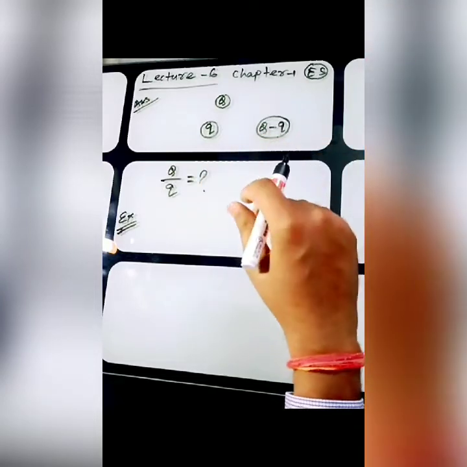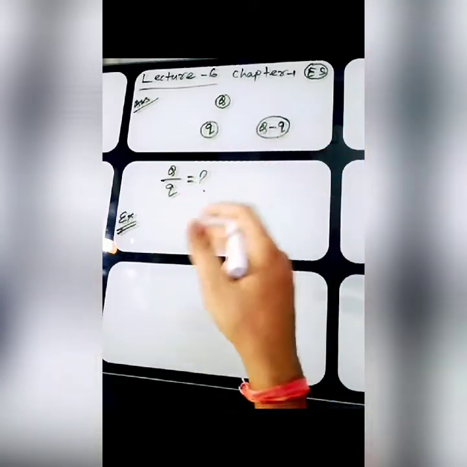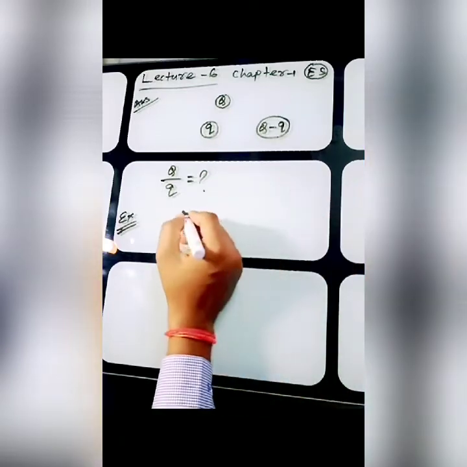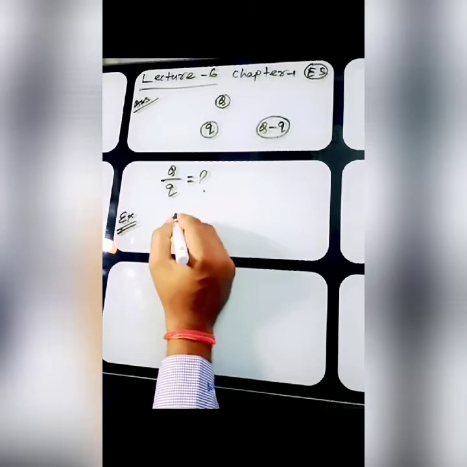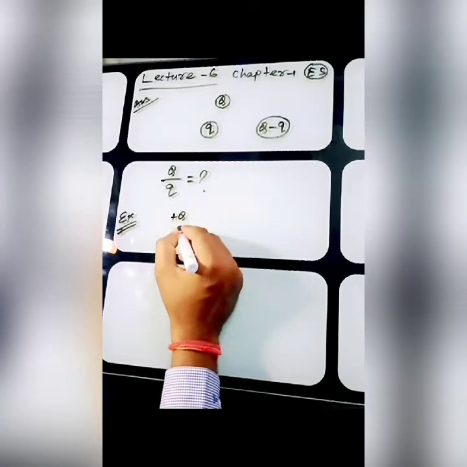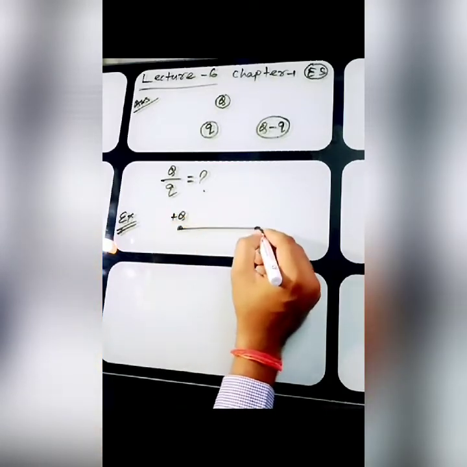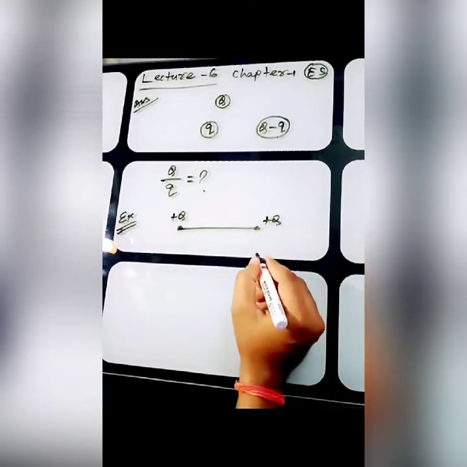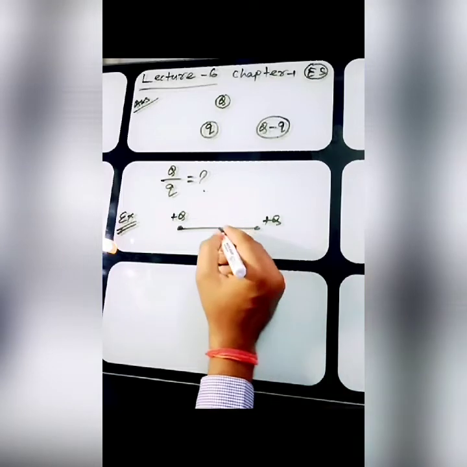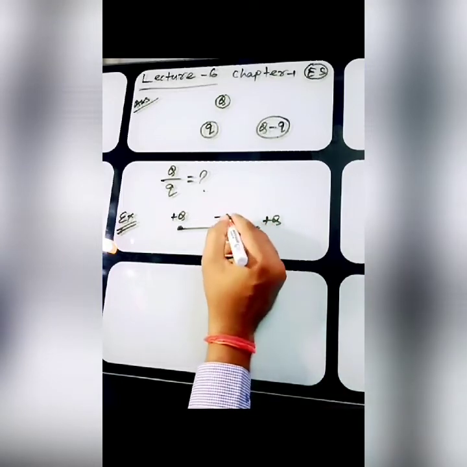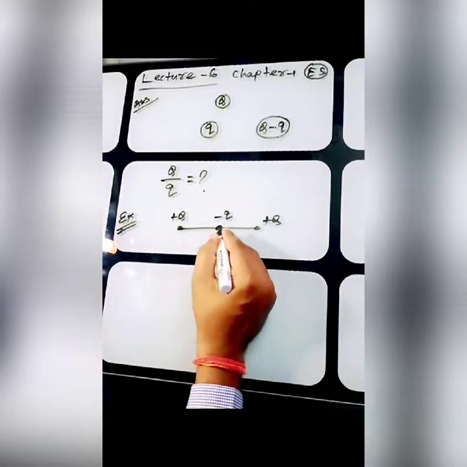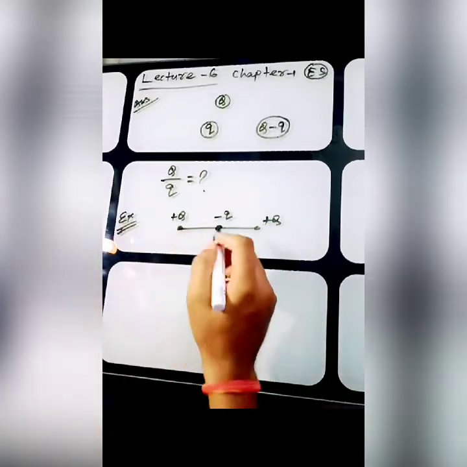Before giving the question, I'm explaining a simple condition. Suppose this is charge plus q, and another plus q. If you place a negative charge minus q at the center, what will happen?